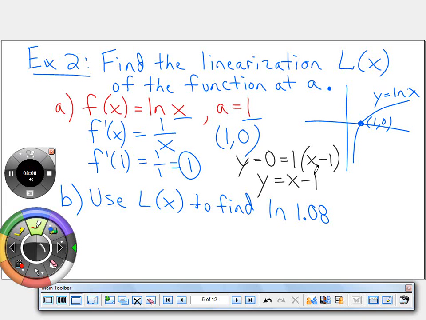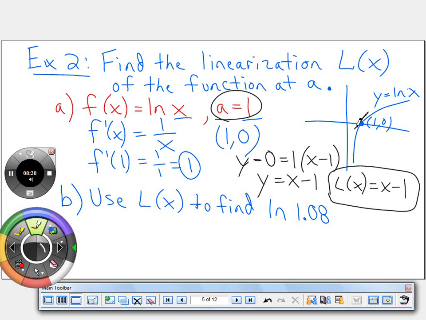If you wanted to write this with L of x, then L of x is x minus 1. So what we're saying is that the line y equals x minus 1 is a really good approximation. As long as you're really close to 1, you can use this linear approximation to find other values really close to that.